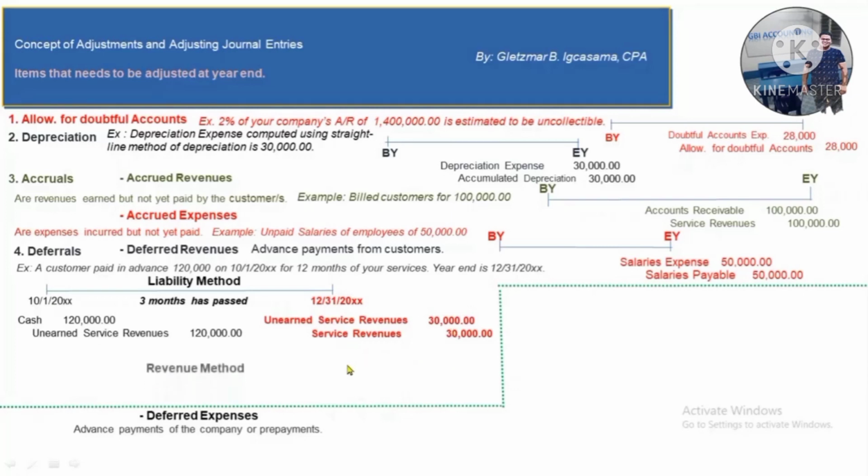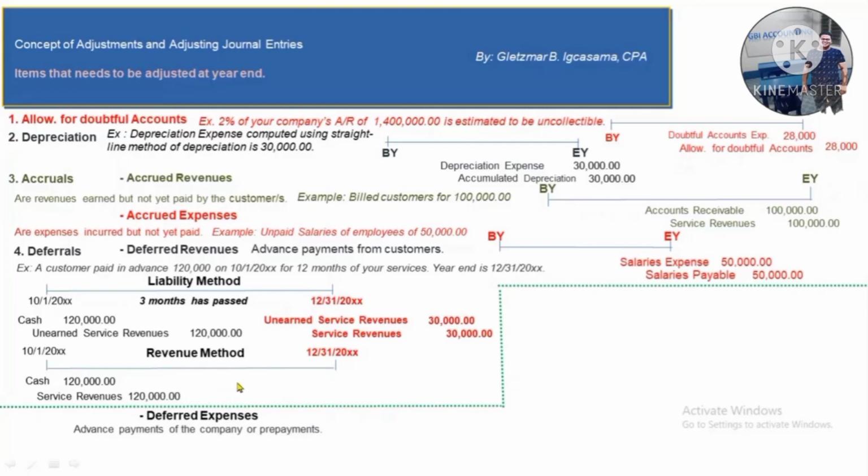The second method is called the revenue method, where at the initial recognition, the advance payment is recognized as service revenues immediately, even if the company did not yet perform services or deliver goods yet. So at 10/1/20XX, your entry will be debit cash 120,000 and then credit service revenues of 120,000. On the year end, the service revenue account should only have 30,000 balance since you only earned 3 months out of 12 months, right?